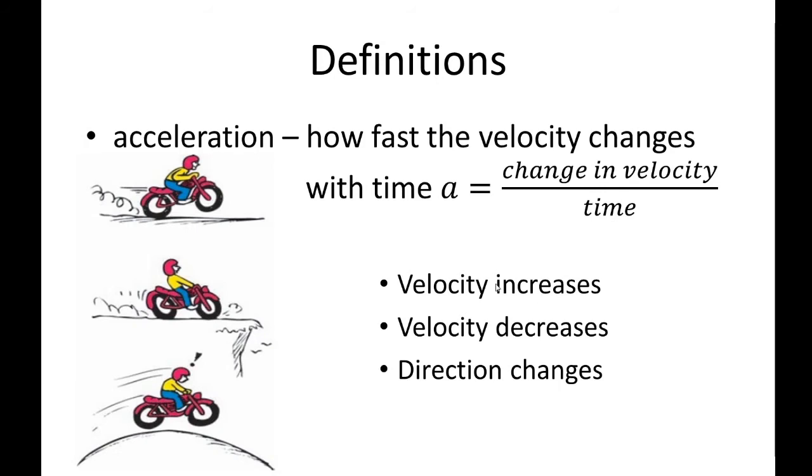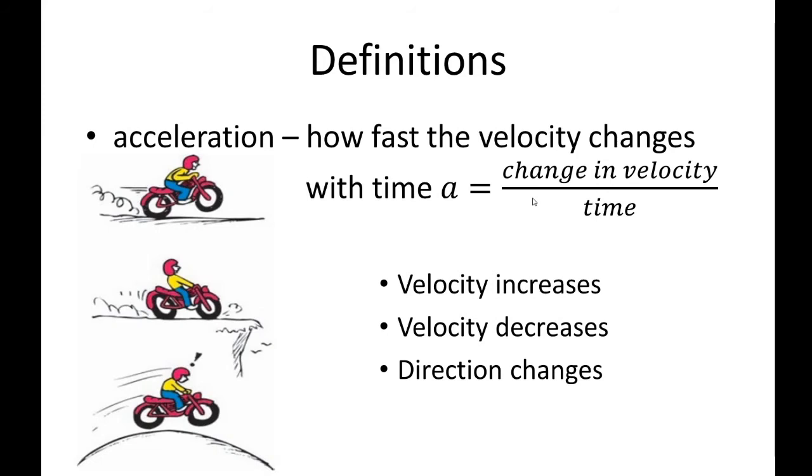Then if it's slowing down, the velocity decreases and its direction still is to the right. Now in this case, if you get a negative value of your acceleration, then that means the object is slowing down.